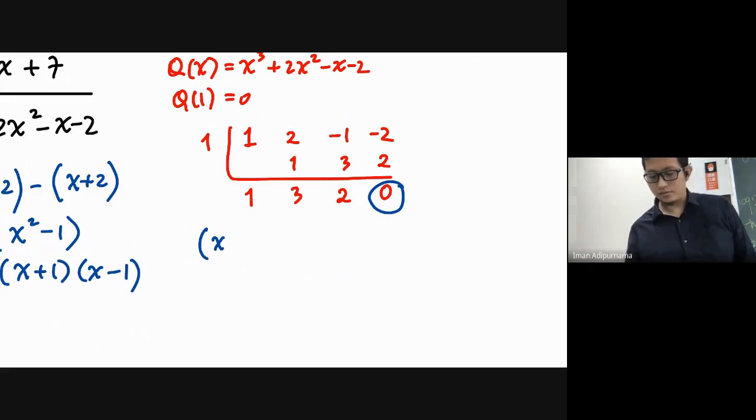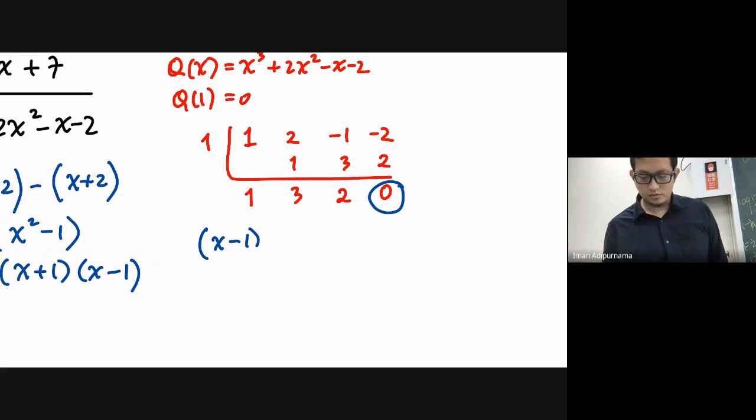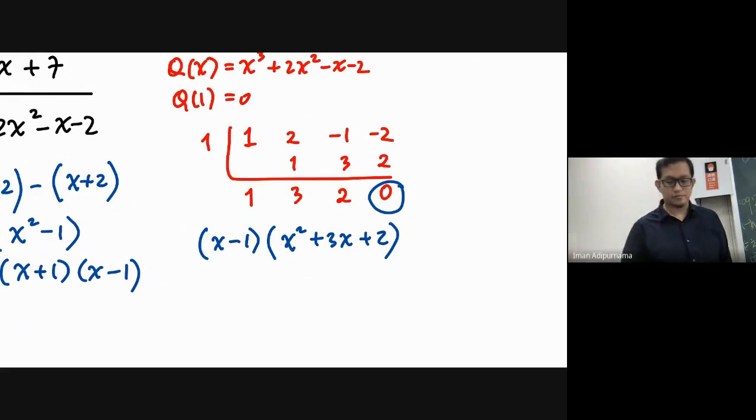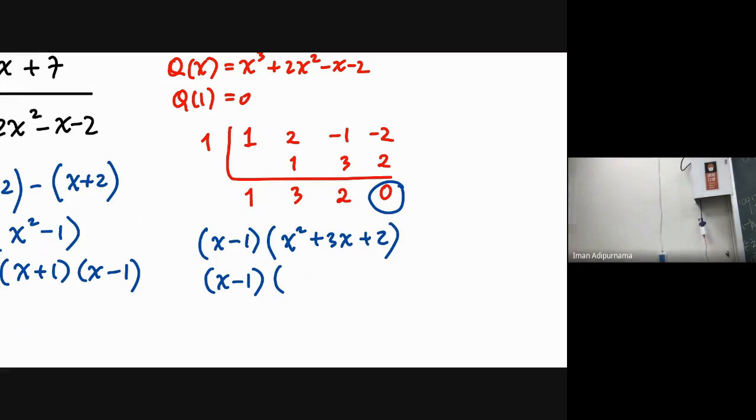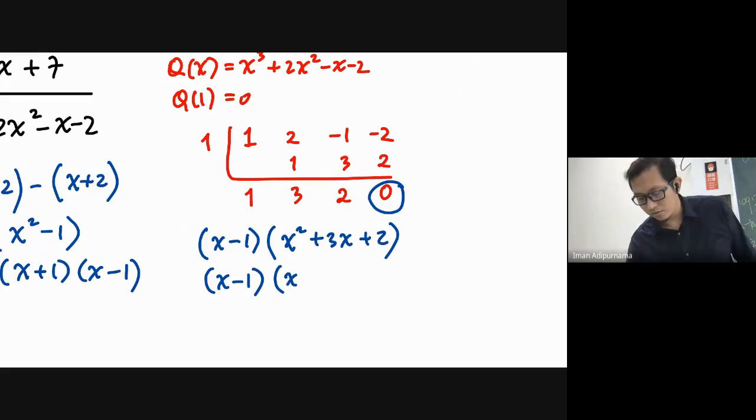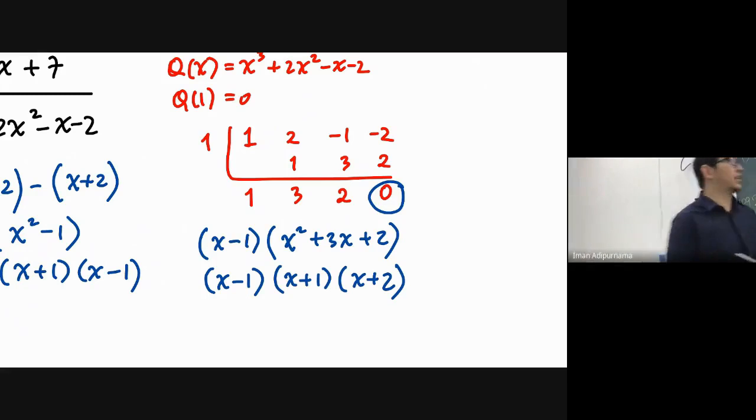So I can write this as x minus 1 times x squared plus 3x plus 2, which we can also factorize into 2 and 1, right? Because it's 3. x plus 2, x plus 1. Okay, same results.